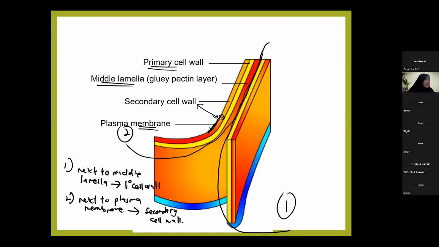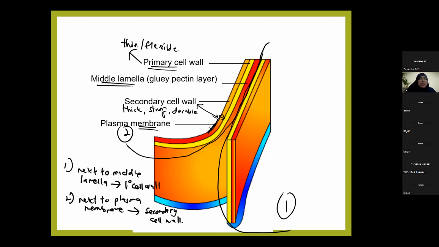And ingat, apa sifat primary wall? Sifat primary wall is thin. It is flexible. Right? Flexible. Okay, secondary wall, sifat dia apa? Thick. Strong. And durable. Tahan lasak lah, kata.